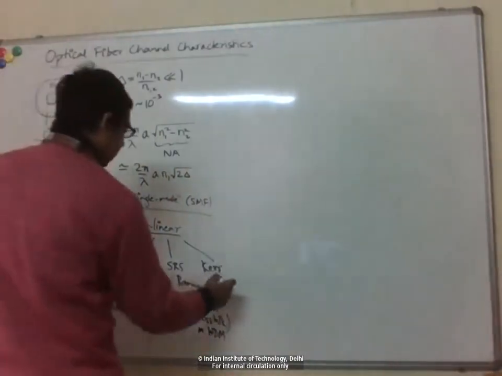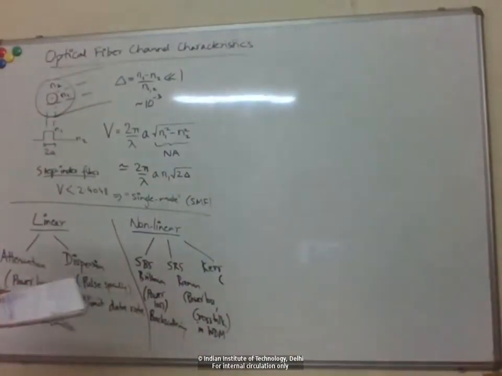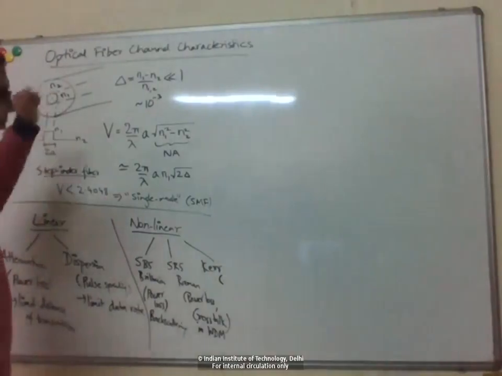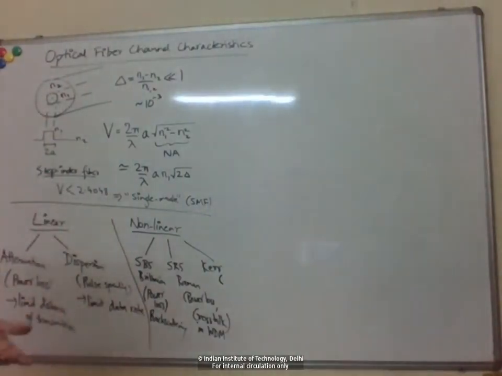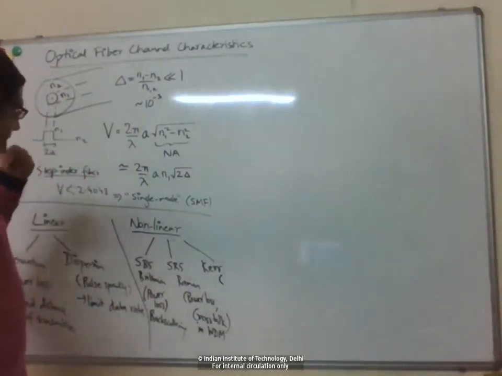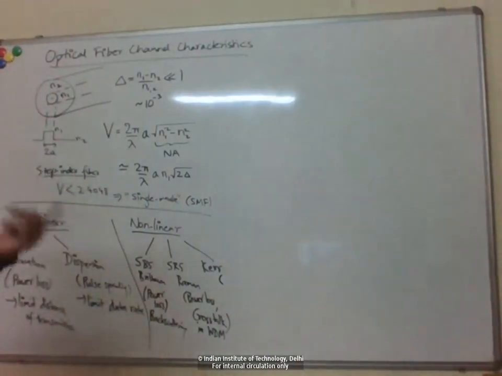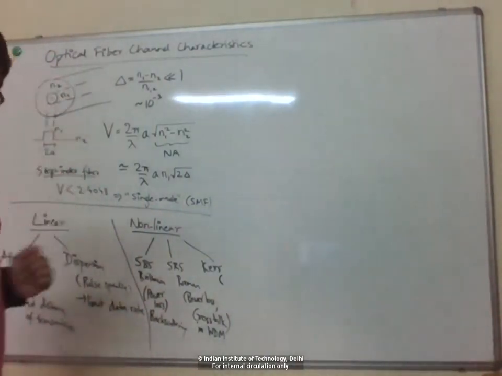Right, and then the Kerr nonlinearity is basically due to the fact that the refractive index of the medium becomes intensity dependent. We're sending optical pulses with some power. Due to that optical intensity itself, it modifies the refractive index.